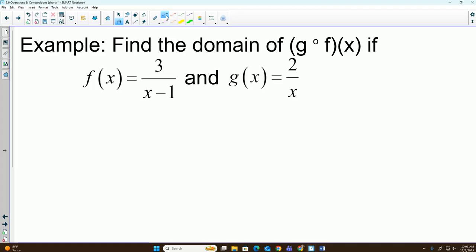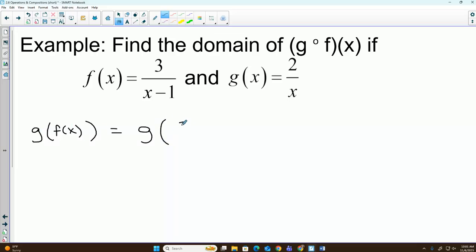Well, I'm not telling you. Somebody can tell me what my first step is. Doing the composition. Even though I only asked for the domain, we have to do the composition to get it.